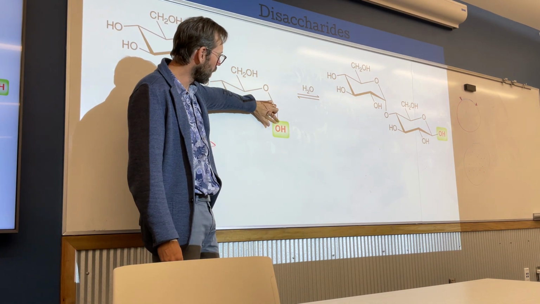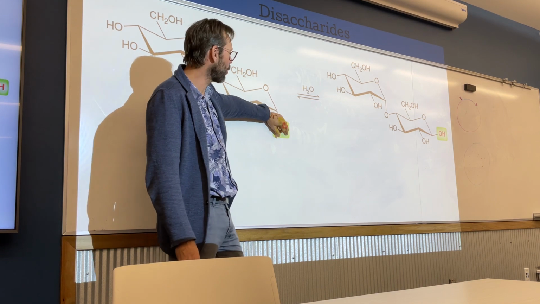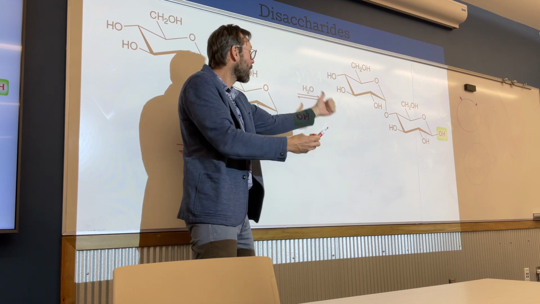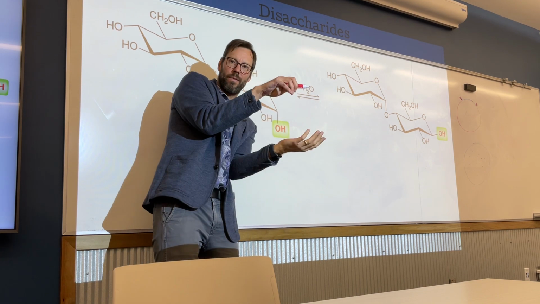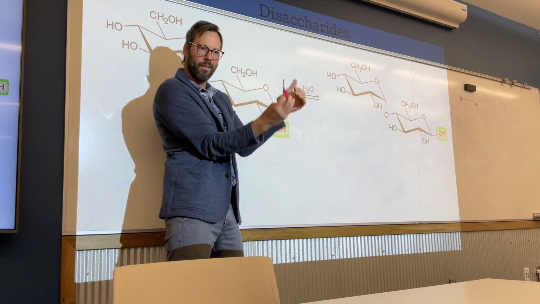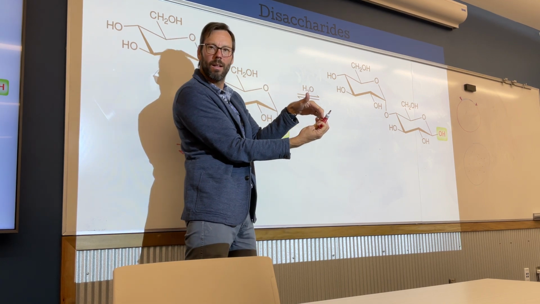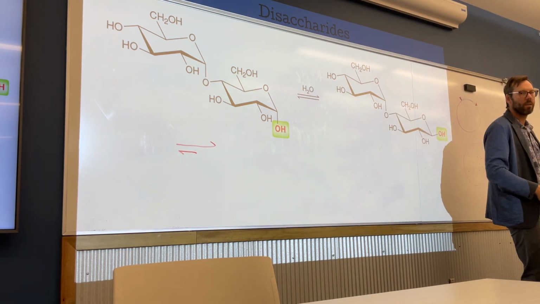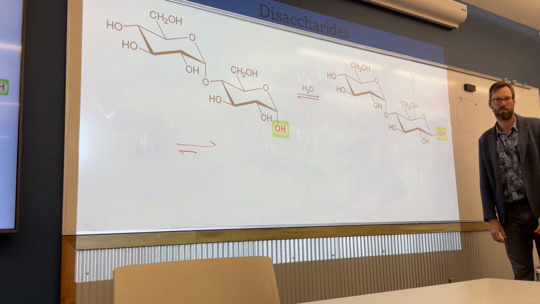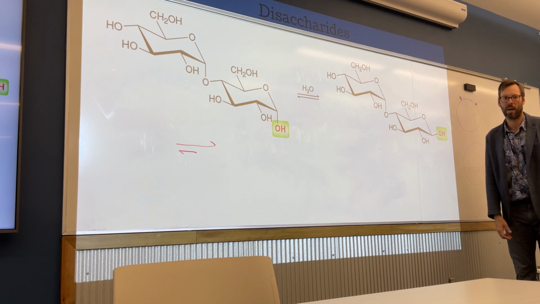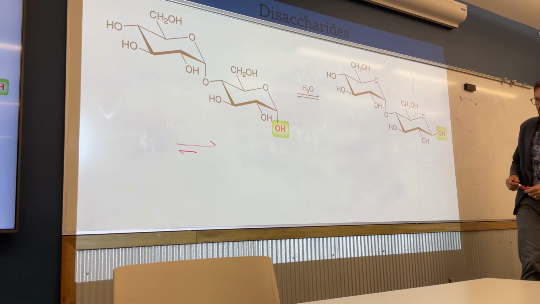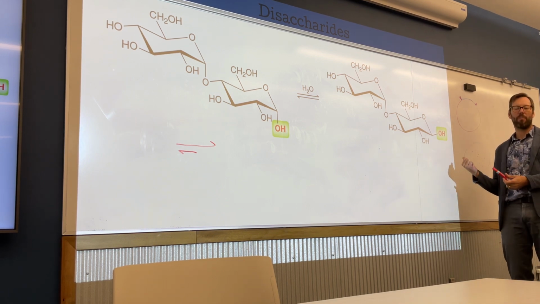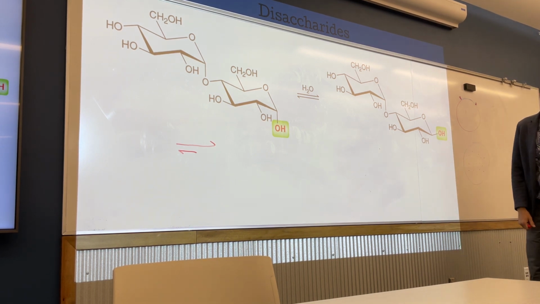And when it opens up, this hydroxyl group can flip up and then it closes again. So it can go back and forth, opening, flipping, closing. So you get a mixture of these two anomers, if you will. They're anomers because the anomeric carbons have both alpha and beta representatives.